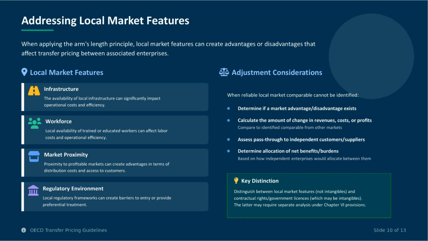Local market features significantly impact transfer pricing under the arm's length principle. Infrastructure, workforce availability, market proximity, and regulatory environment can create operational advantages or disadvantages. When local comparables are unavailable, distinguish between market features and intangibles, assess market advantages, and determine allocation of net benefits, ensuring alignment with independent enterprise practices.